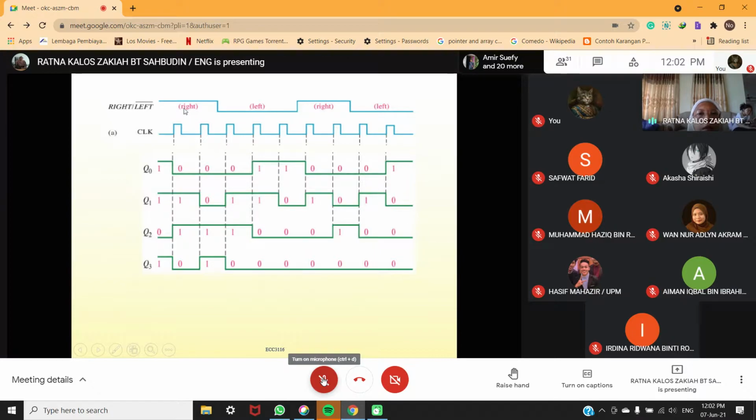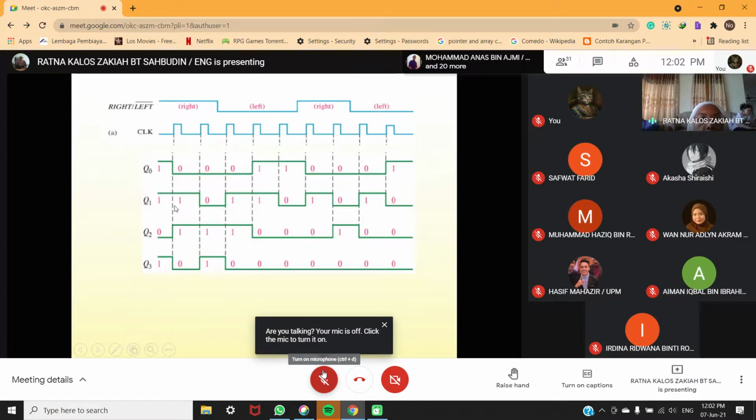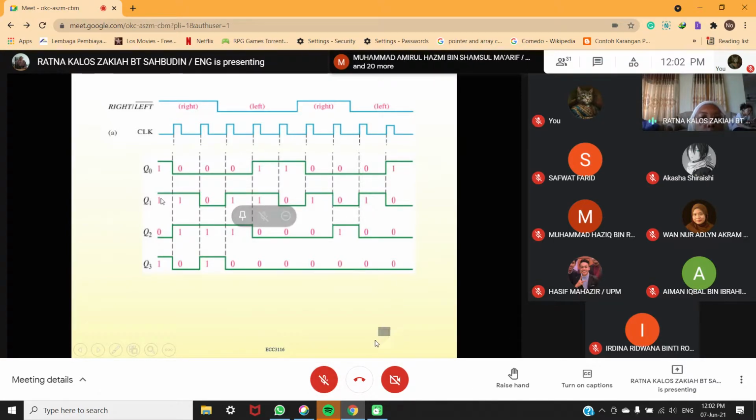Now look at this part. This is shift to the right. So Q0 here goes to Q1. Shift to the right. Q1 here goes to Q2. Can you see my cursor?